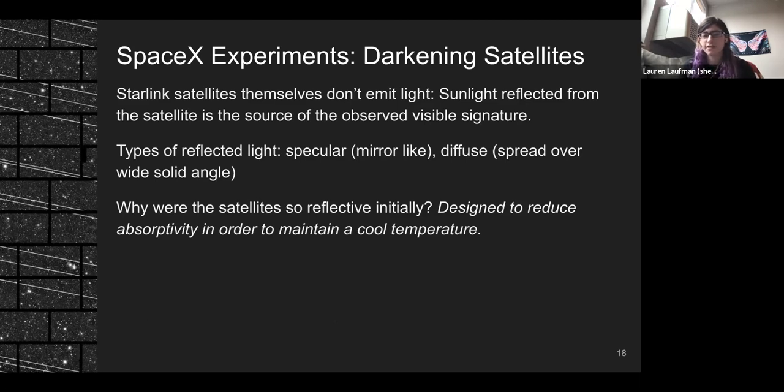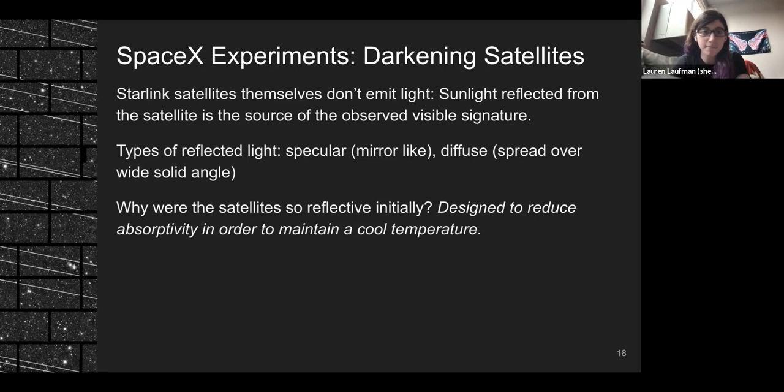There are 2 types of reflected light that we get from the satellite, and those are specular, which is mirror-like, and diffuse, which is spread over a wide solid angle. You might ask, why were they so darn reflective initially? Turns out it's because they were designed to reduce absorptivity in order to maintain a cool temperature, which makes sense. You don't want your satellites to be too hot.